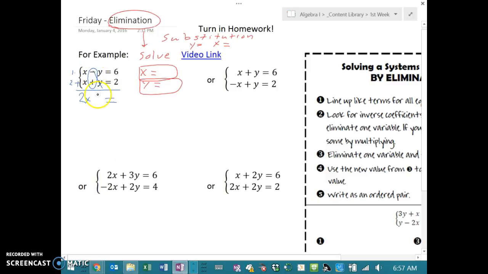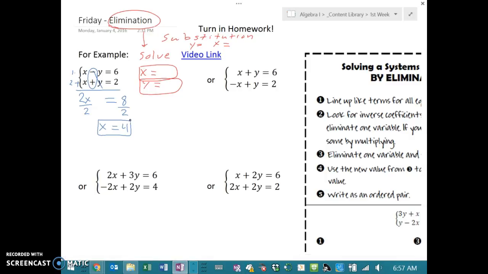And now there isn't a y here. I continue: 6 plus 2, okay, that's 8. Alright, so now I can simply divide there. And there's the first part of my answer, x is 4.